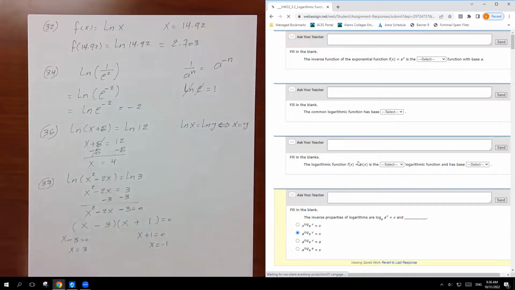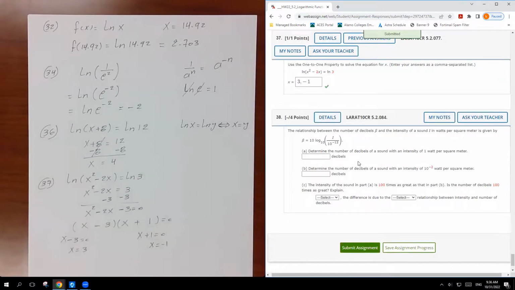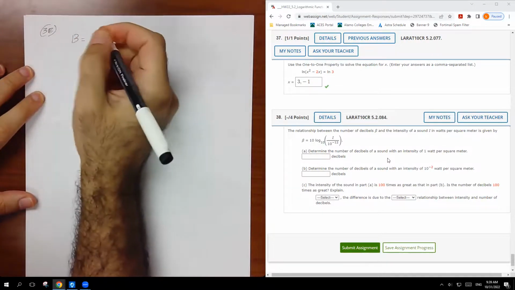Example 38 is a very important example. Don't feel like it's hard. It's not that hard because we have the formula. It's telling you the formula is B equals 10 log to the base 10 of I over 10 to the negative 12. Let's check how we're going to solve this one.